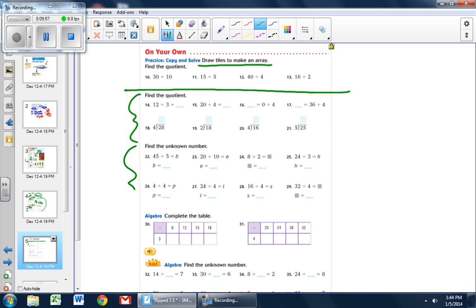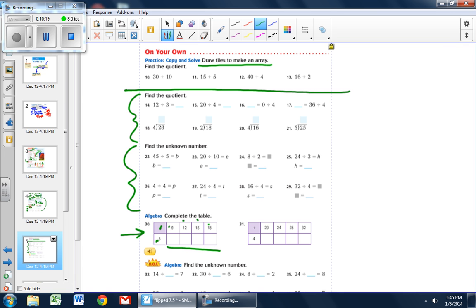And then here, find the unknown number, so the missing number. You can complete that any way you'd like to. Number 30 and 31, complete the table. Remember, it's kind of hard to see on my board, but you're going to do 9 divided by 3, 12 divided by 3, 15 divided by 3, and 18 divided by 3 in order to find these numbers.